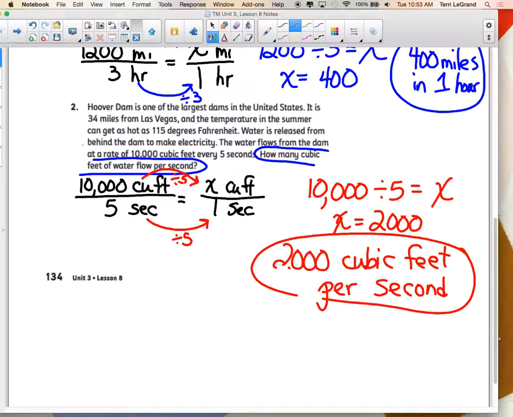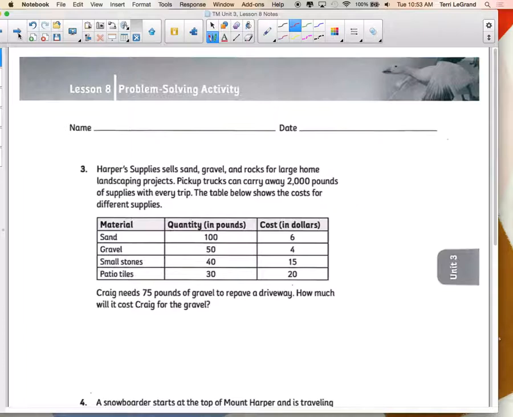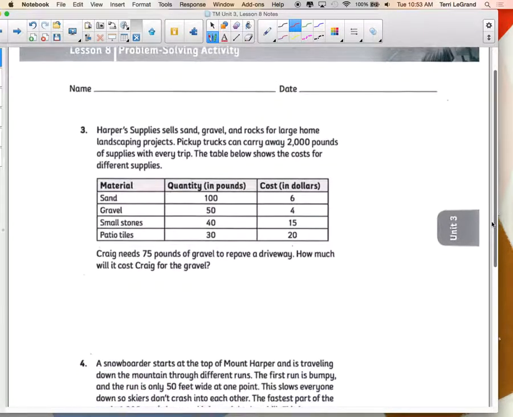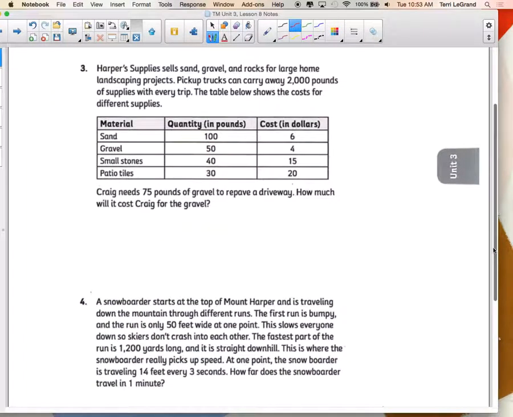Okay, let's go to the back side. What I want you to do is read through that problem and decide what you have to set up to solve this one. So all I want is the setup.